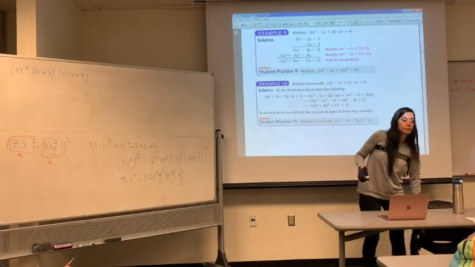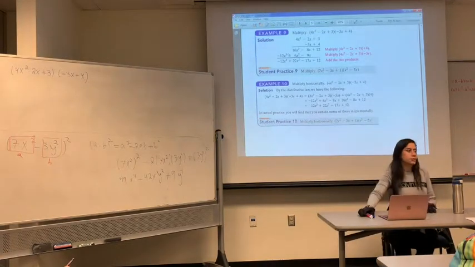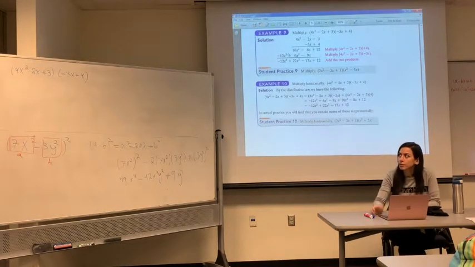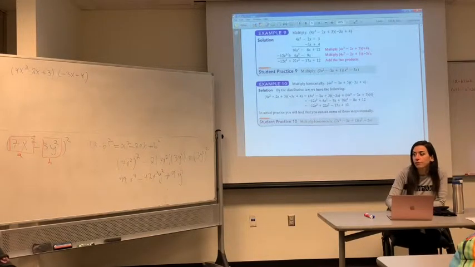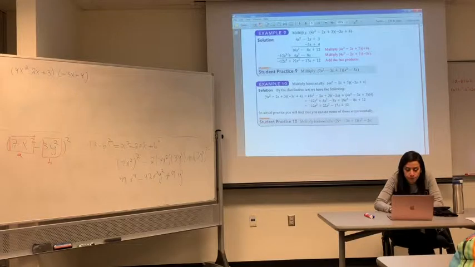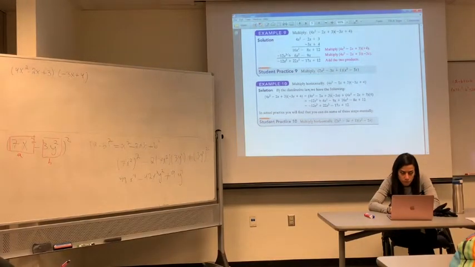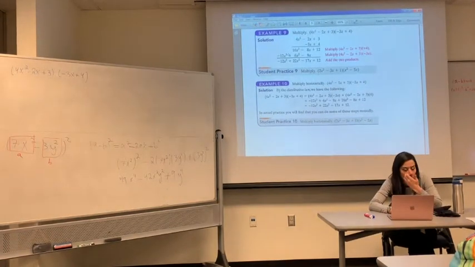Try it. You are going to distribute the first parenthesis to the second one, right? 4x squared minus 2x plus 3 multiplied by negative 3x plus 4. Try to solve it.